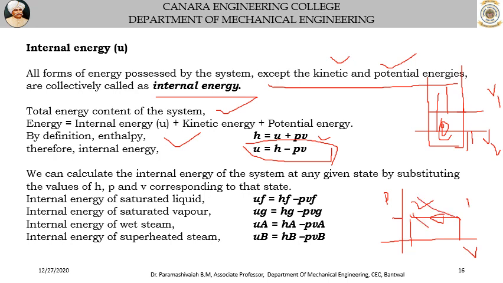So work done is equal to PV, pressure into volume. In any PV diagram, the total area covered by the process is the work done. PV is the work done. That's how.